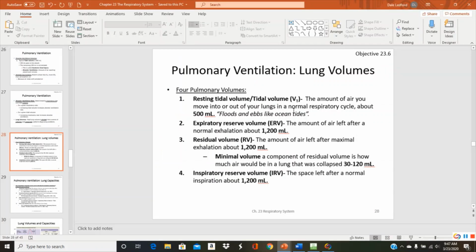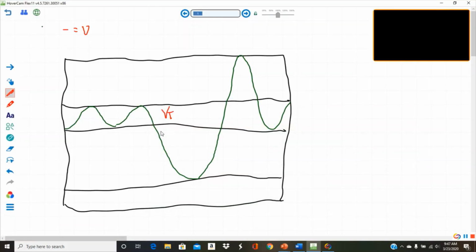And we call it this because it ebbs and flows like the tides. Now, this is the amount of air you normally move. But there is still air in the lungs that could be moved, evident here.